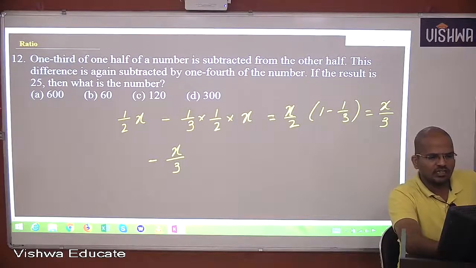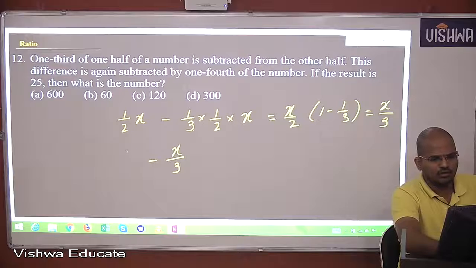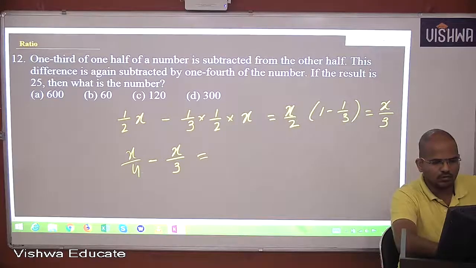This difference is again subtracted from 1/4 of the number. So x by 4 minus x by 3, equals 0.25? This is 0.33, right? No, I think I made a mistake somewhere.